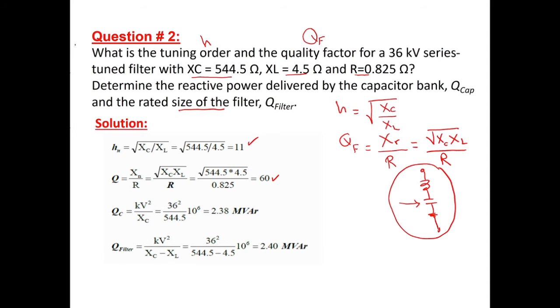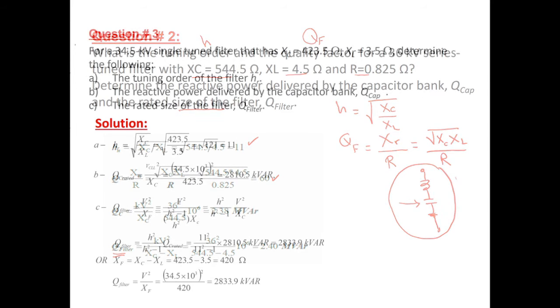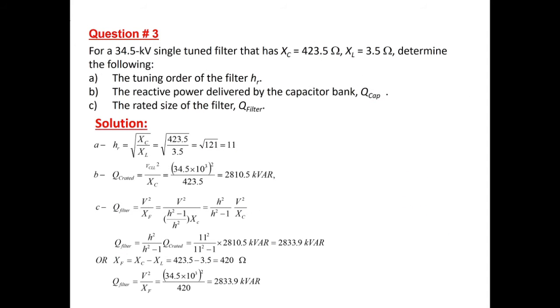Now to find the size of the filter, we also need to include the presence of L. We know that the resistance will not consume any reactive power. Therefore, Q for the whole filter will be equal to the voltage squared divided by XC minus XL.